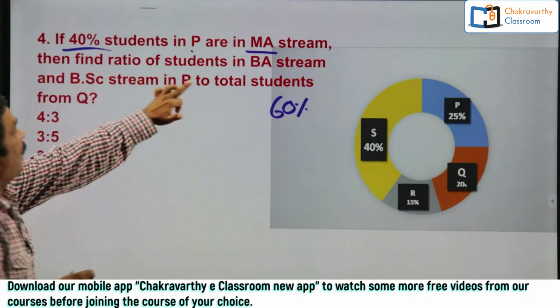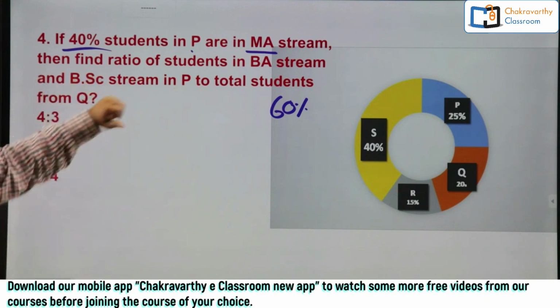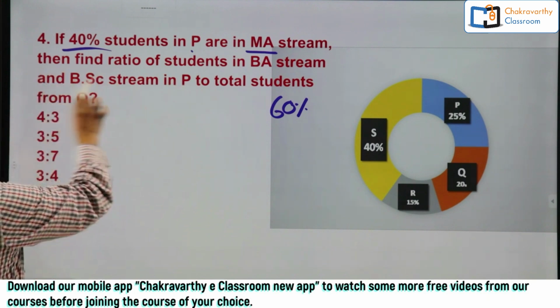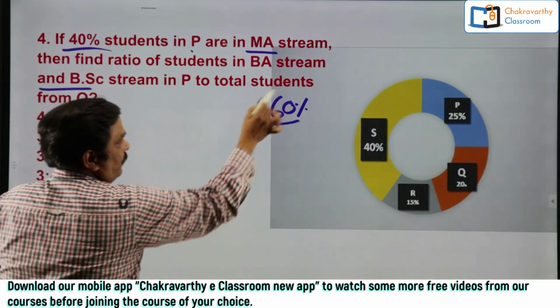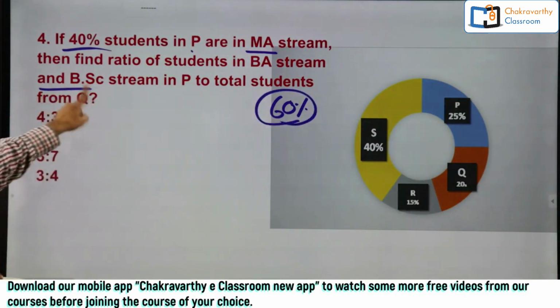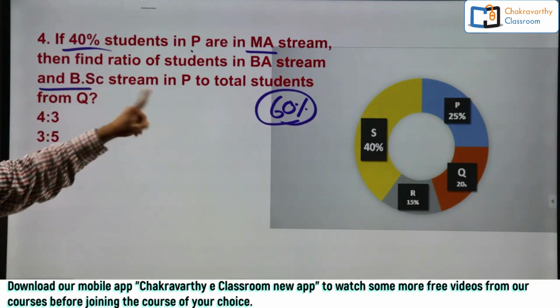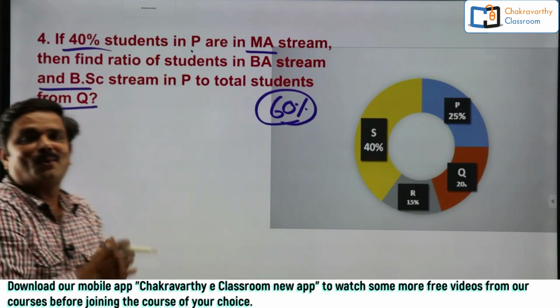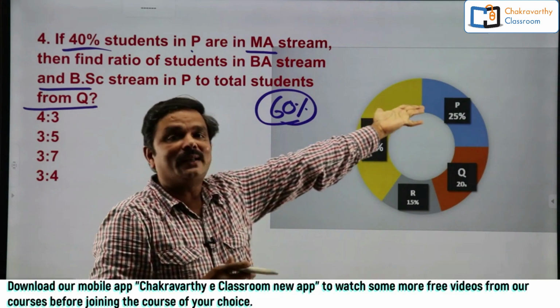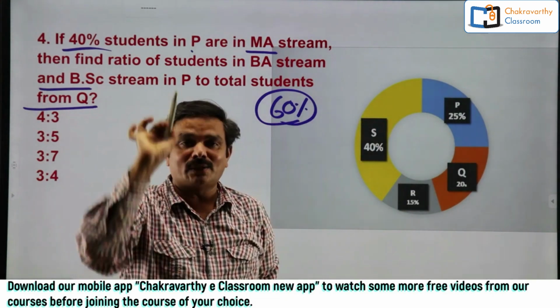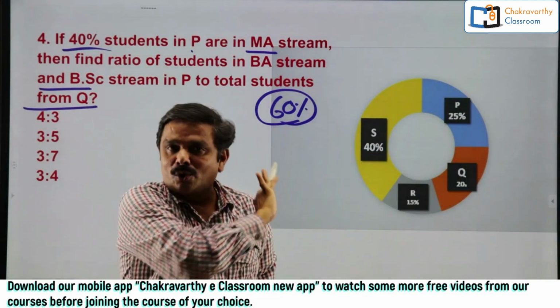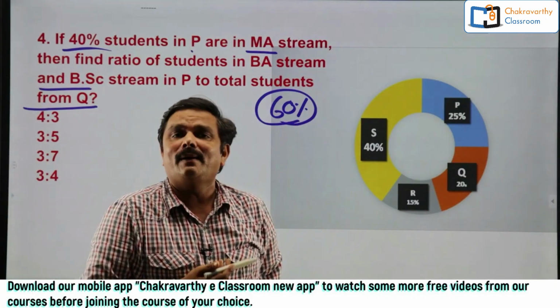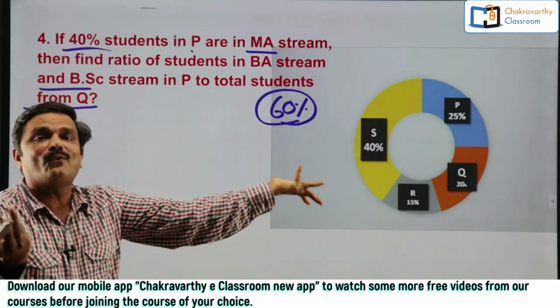Now MA stream. Then find the ratio of the students in BA stream and BSc stream in P to the total students from Q. We want the comparison there only. So you need not even consider the total number of students, that 400 is not required, because in both the cases the total is 400 only.